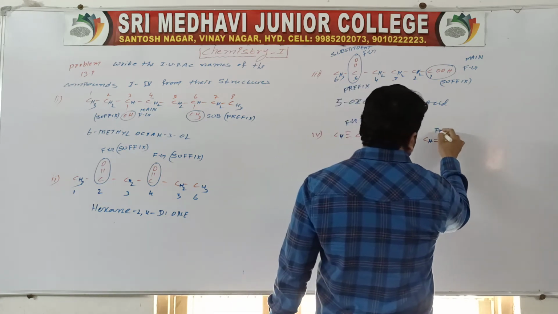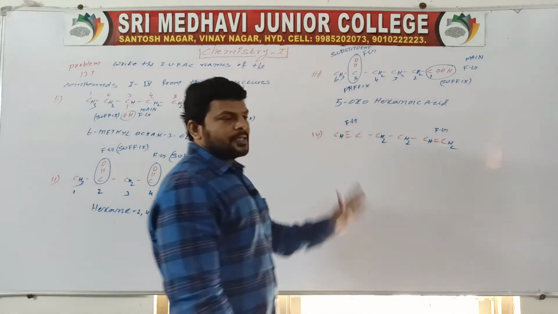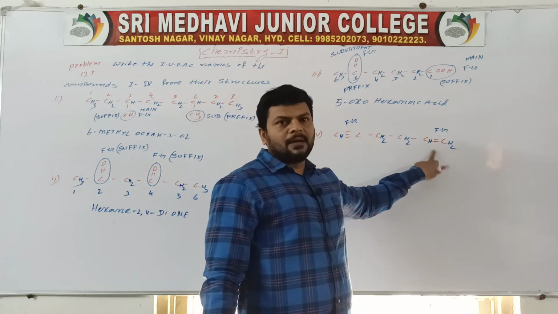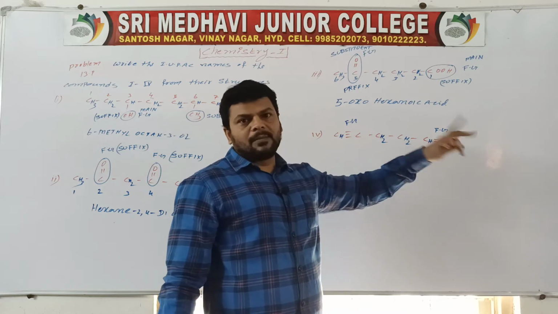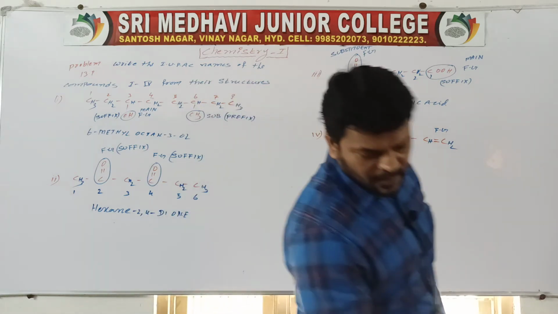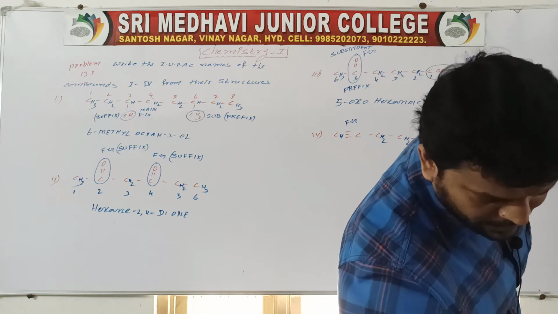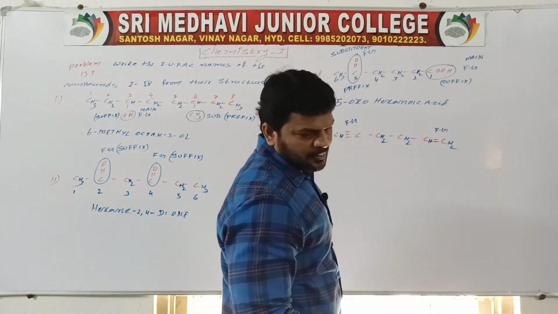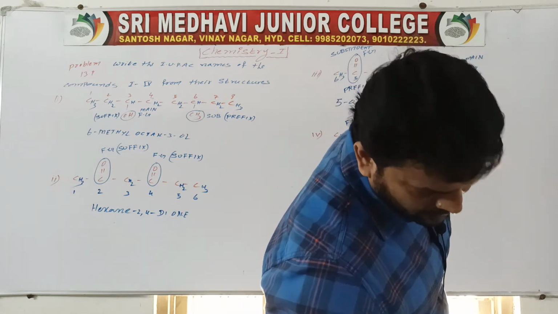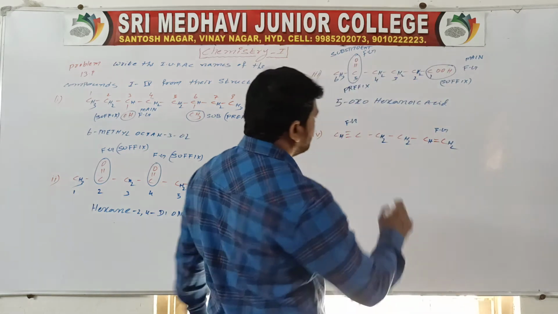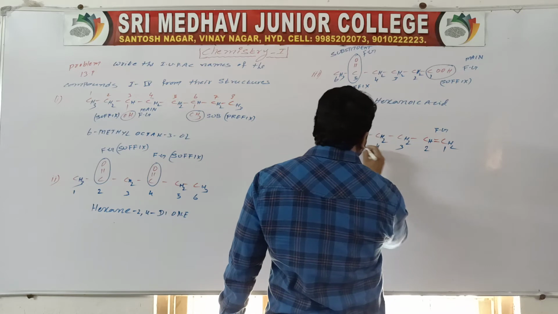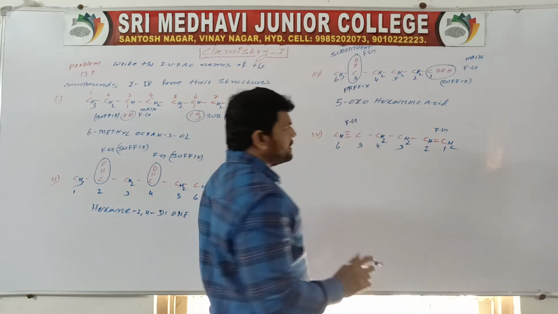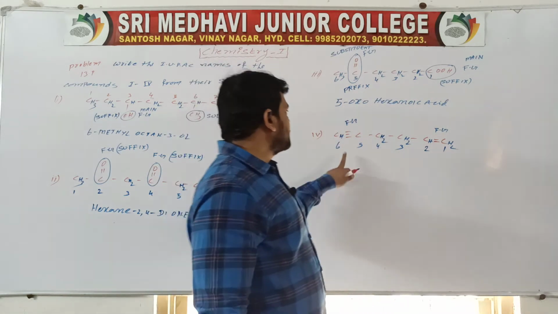The order of priority goes to the double bond, so the double bond containing carbon must possess the least number. So we give the least number to the double bond: 1 2 3 4 5 and 6. So this is what we have to write.